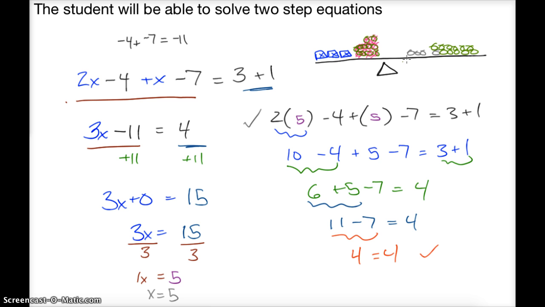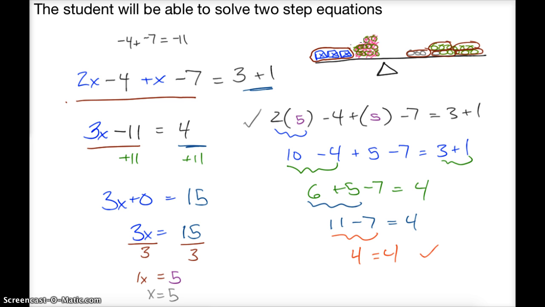And then I divide by 3, so I'm going to get groups of 3, one group of 3 right here, one group of 3 here, 3, 3, 3, 3.